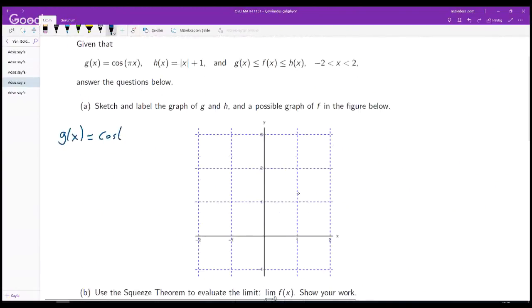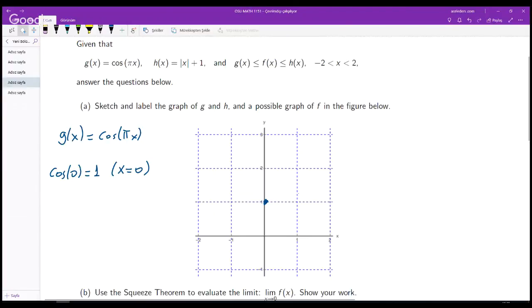cos(πx) here. I just think the important points for the cosine function. For example, I know cosine 0 equals 1. For cosine 0, we must have x equals 0. So when x is 0, I have the g function being equal to 1. This is the first point.